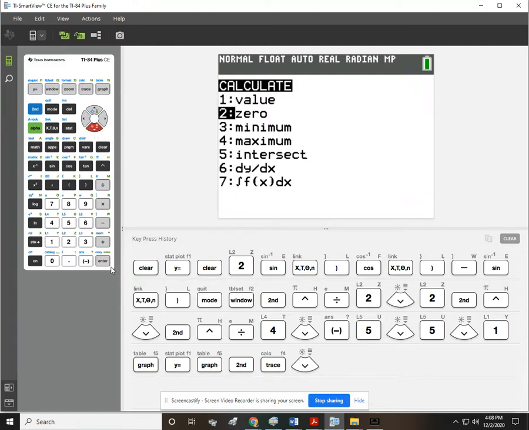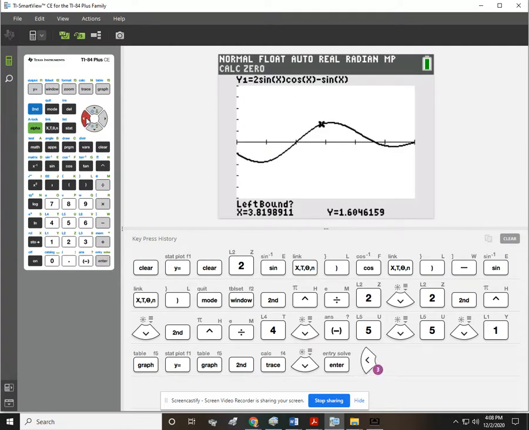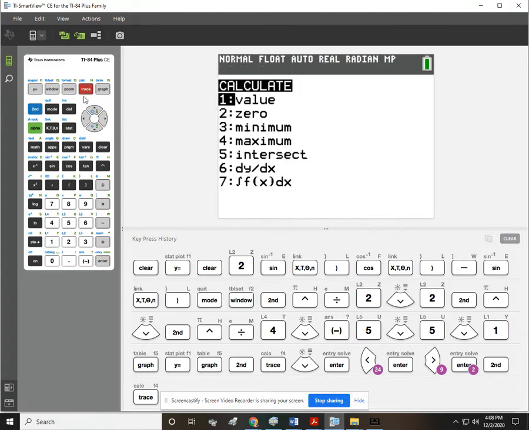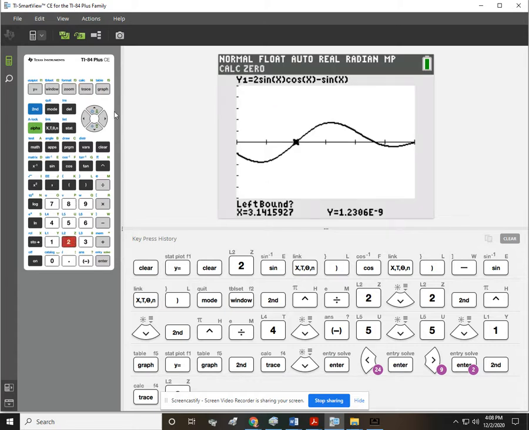Calculate a zero. Left side, right side. Yeah, that's pi. And then let's do another one. Okay, that's our other one, 5.236.